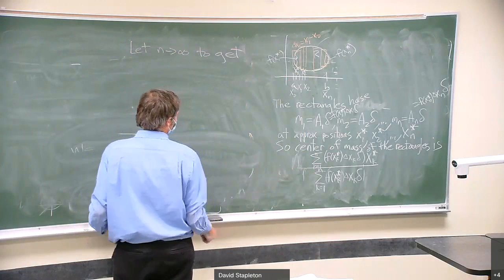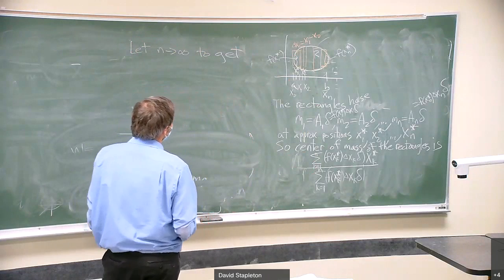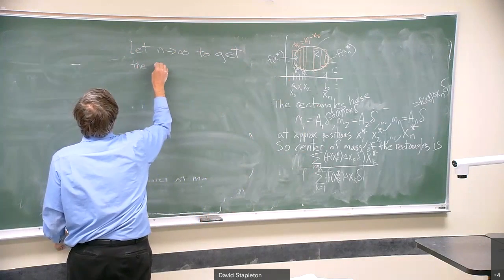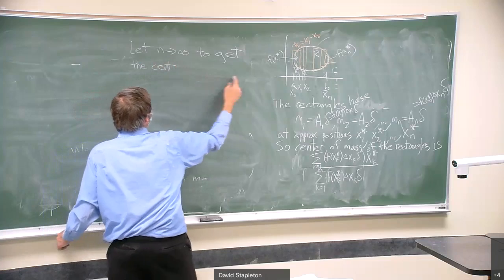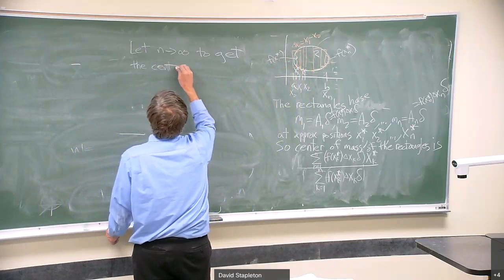Since we'll get the same number as long as f is continuous, we'll call that the center of mass of the lamina, whose height at each xk star is f of xk star.